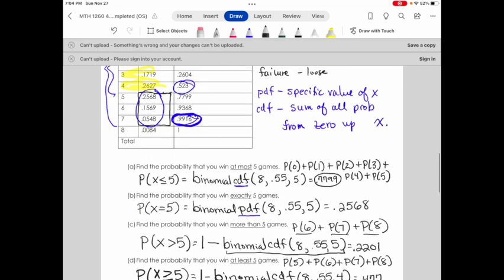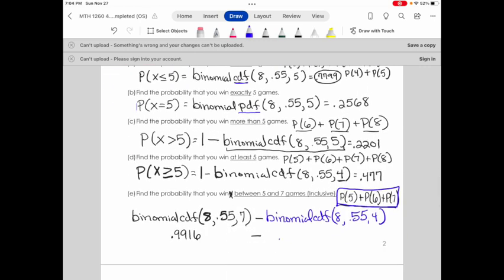The binomial up to 4 will give me this 0.523. And when I subtract them, what's going to be left is just the 5, 6, and 7 added up. So that's going to be 0.4686.